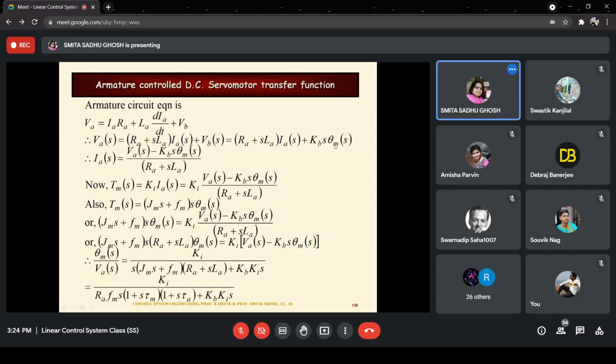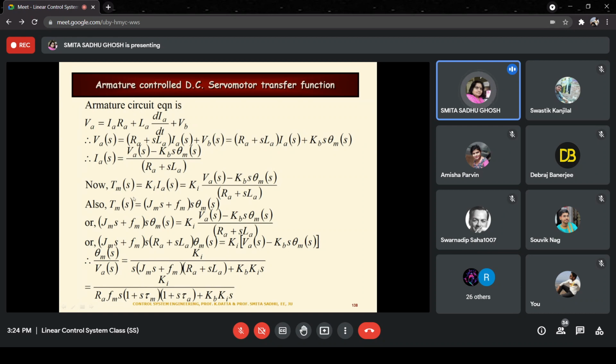Now this is a relation between VA and IA and theta m, all the three are there. In the next step, IA is equal to (VA minus KB s theta m(s)) whole divided by (RA plus sLA). This is just reorganizing and writing.